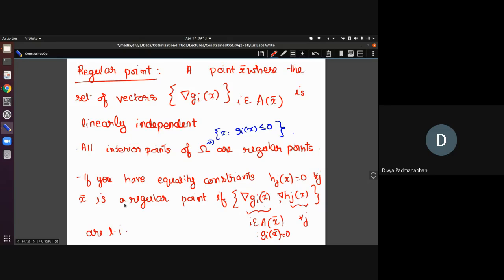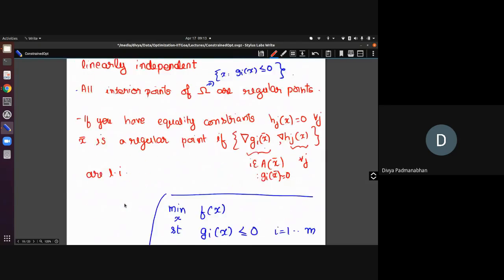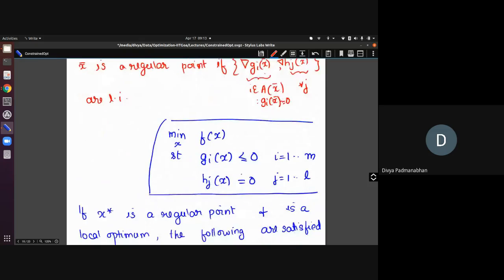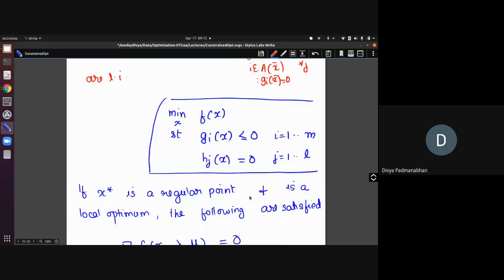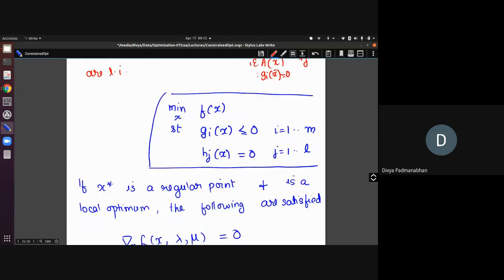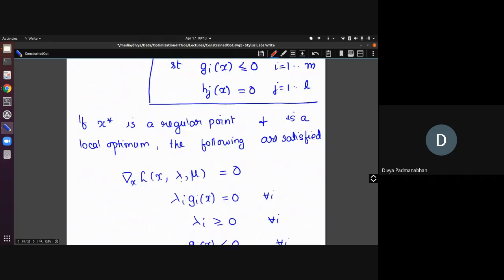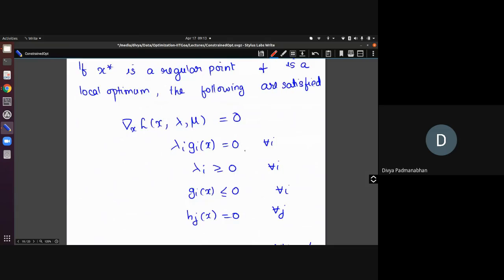Okay, so the reason why regular points play a role is for this kind of optimization problem that we have been seeing: the necessary condition for x star to be a local optimum. So we saw some of these things about a KKT point. Only if x star is a regular point and it's a local optimum will these conditions be satisfied.